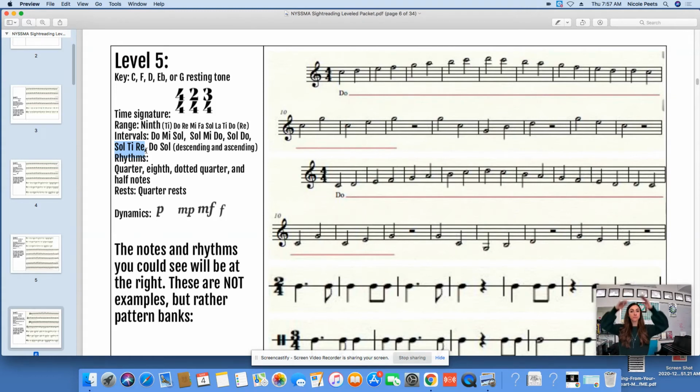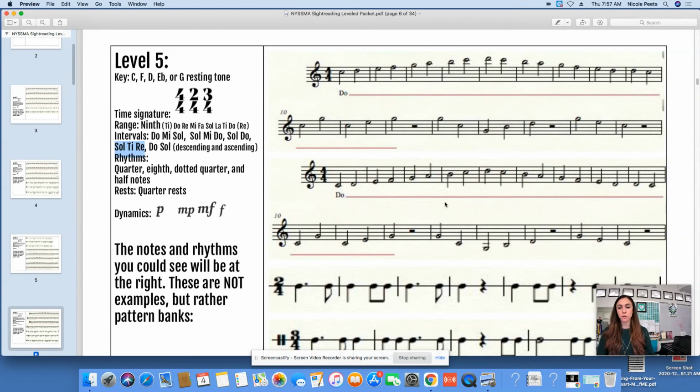Sol. Do is where you should have landed. Do. Sol, ti, re, do. Sol. I'm going to do a descending tonic pattern. Sol. You should have sung sol, mi, do.